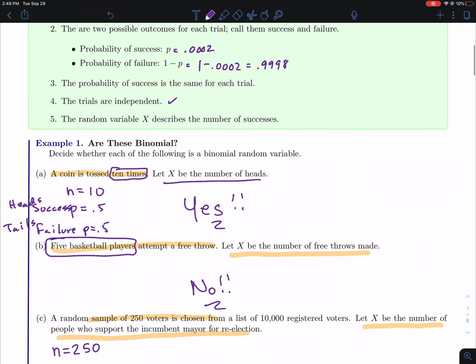And since all we're asking for is the people who support the mayor, there could be 27 people that are actually on the ballot. That's okay because you either vote for the mayor or you're voting for one of those other 26 people. It's not like you say, I'm going to vote for candidate 22. It doesn't matter. You're either voting for the mayor or you're not voting for the mayor.